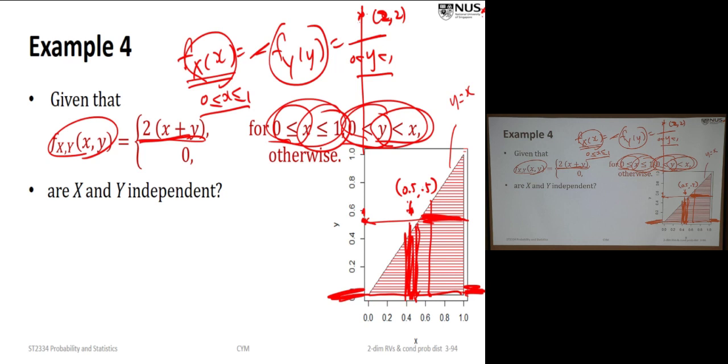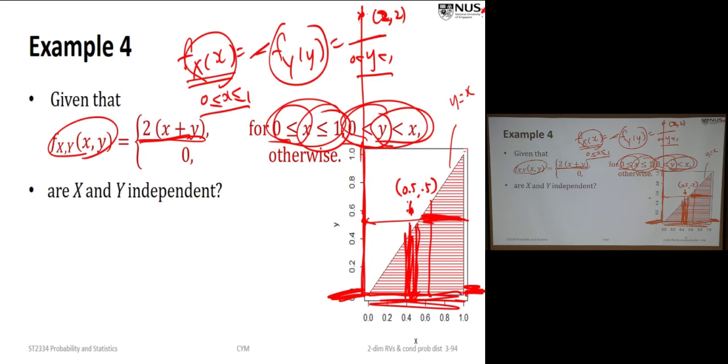It cannot be independent. So one criterion for x, y to be independent is that the space over which the joint PDF is defined has to be rectangular, or we call it a product space. So in other words, if f of x is valid over 0 to 1 and f of y is valid over 0 to 1, then your joint PDF must be equal to that expression over this unit square, x between 0 and 1 and y between 0 and 1.